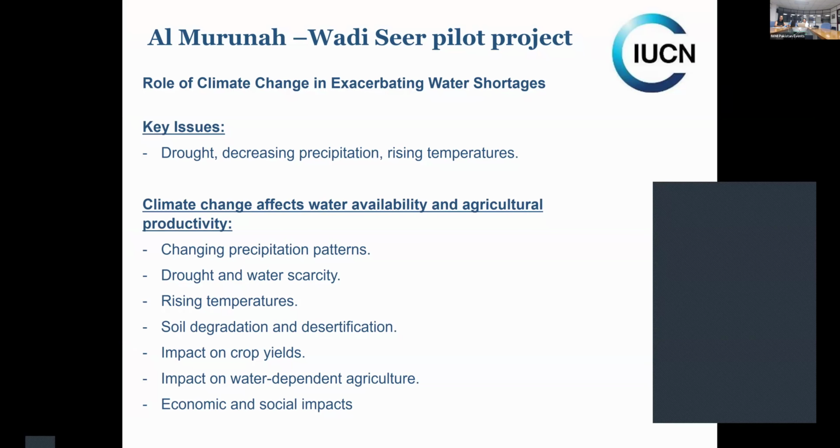Climate change affects water availability and agricultural productivity by changing precipitation patterns, causing droughts and water scarcity and rising temperature, and affecting soil degradation and desertification, leading to impact on crop yields and water-dependent agriculture, and also economic and social impacts.